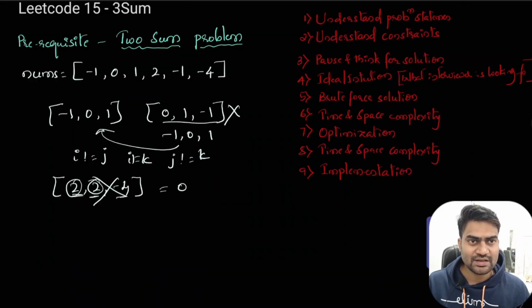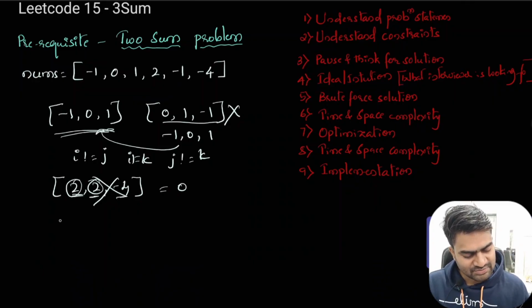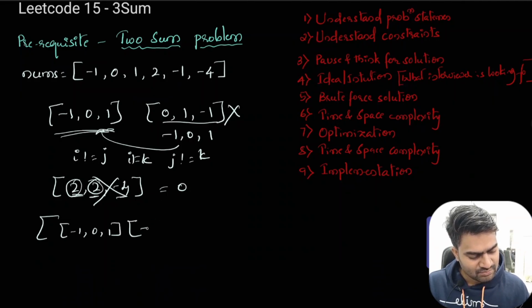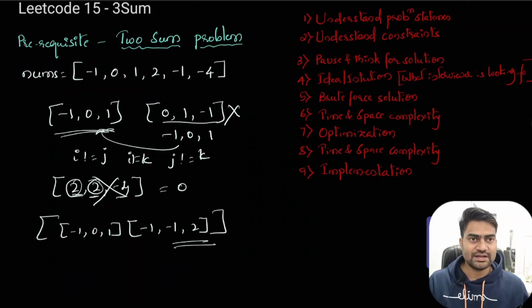That is what the problem statement says. So we will have to take all the unique triplets, something like minus 1, 0, 1, and the other one minus 1, 2, minus 1, and return this answer.